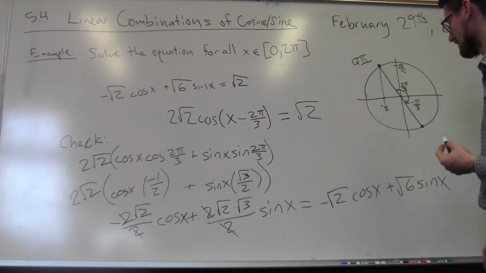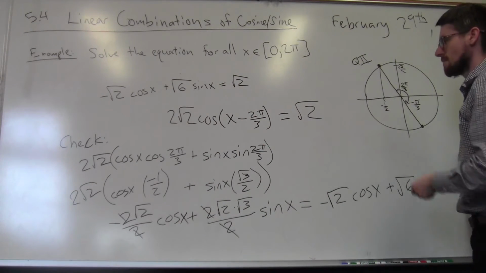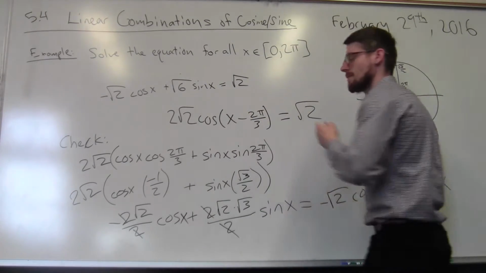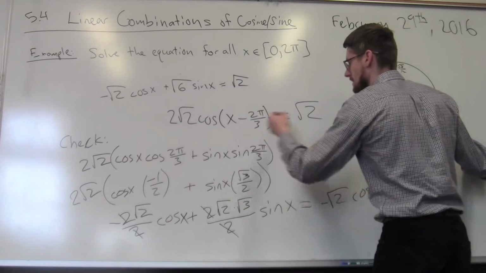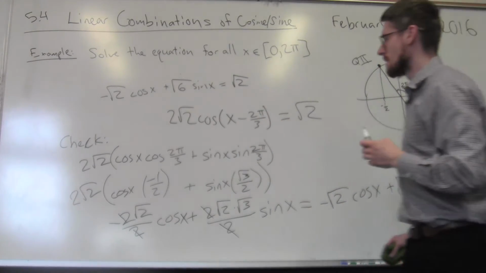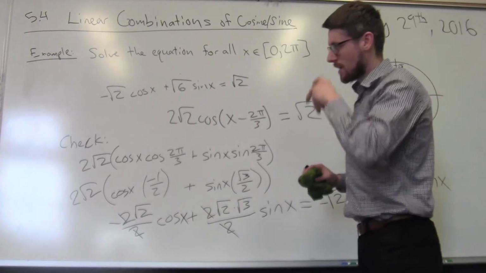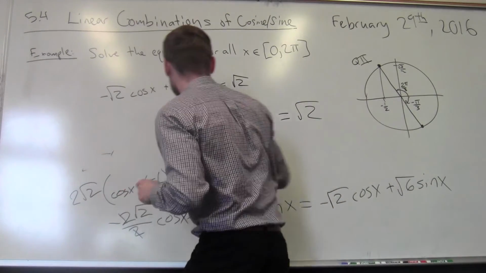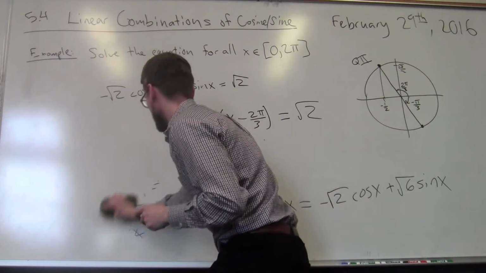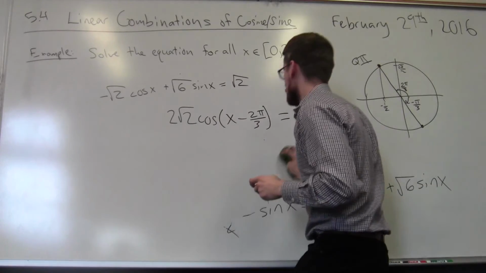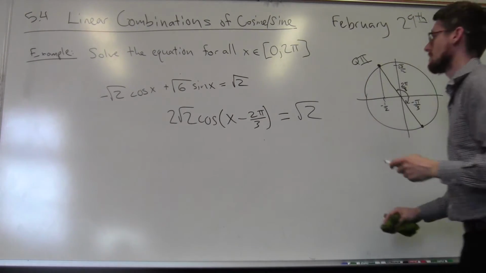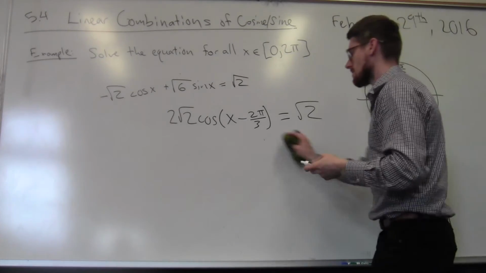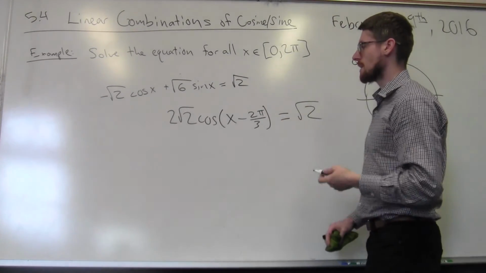Okay, so now that we double checked that this is in fact the single cosine that we're interested in, and we put D in the correct quadrant, I'm going to go ahead and solve this for x. We're interested in solving for x between 0 and 2 pi. Now it's just as simple as undoing all the things being done to x.